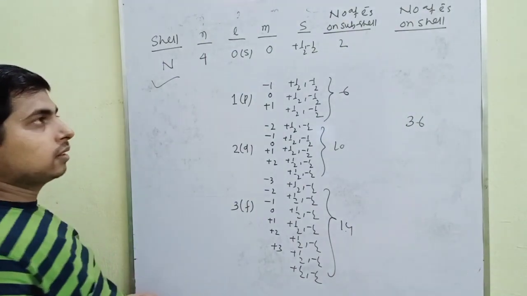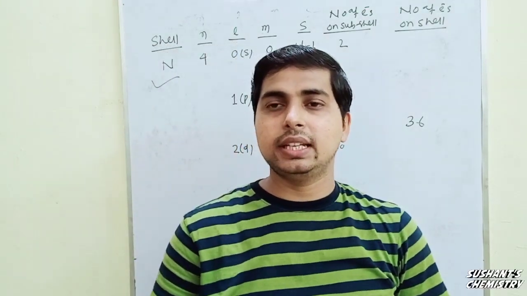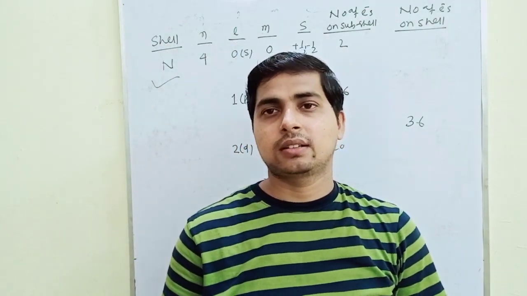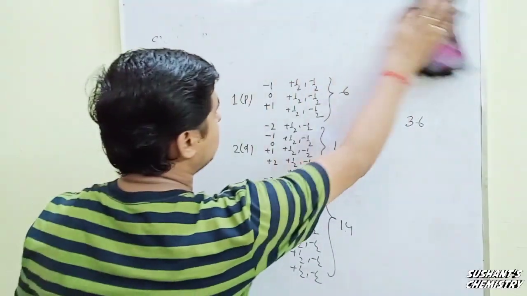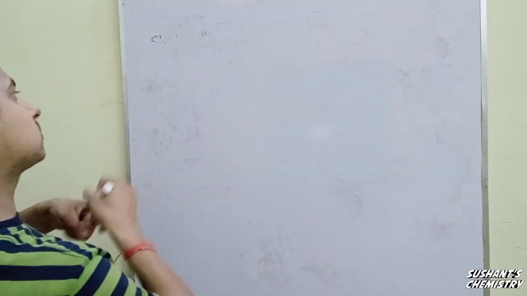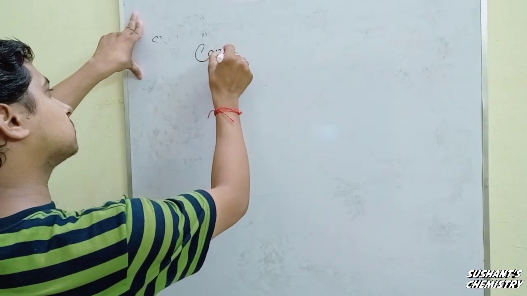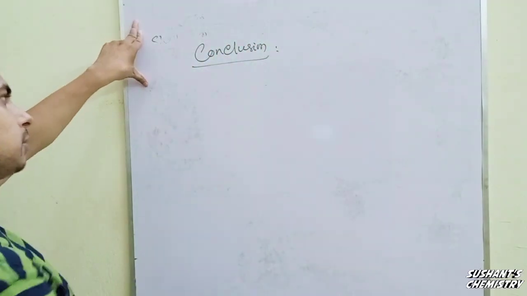Okay. That means this one number helps to calculate the number of electrons in the main cell, subcell and orbital. Now draw the conclusion from the principle. Conclusion number 1.